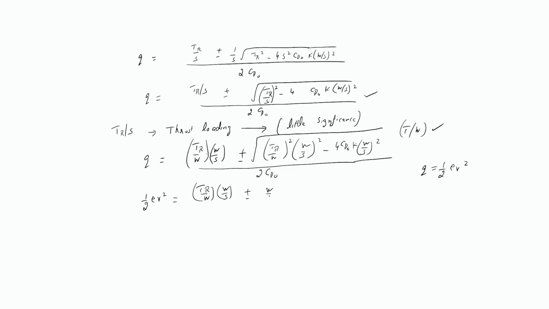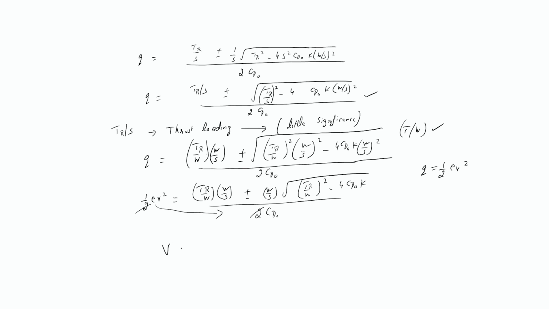Let me take W by S common from this equation: TR by W whole square minus 4 CD naught K, by 2 CD naught. Now this can be further written in terms of velocity. So this gets cancelled, 2 and 2, and I will bring rho here in the denominator.